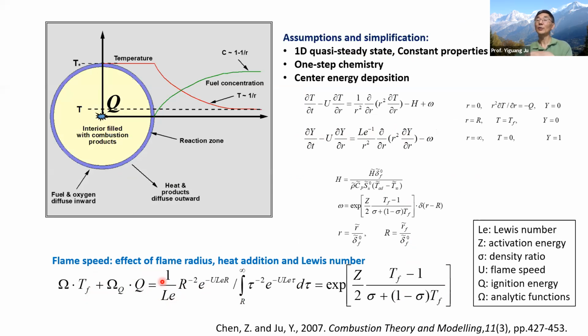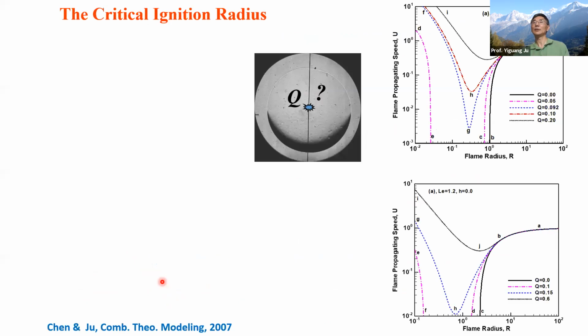So if that is the case, what are the governing parameters for ignition? If you look at the picture, it shows the normalized flame speed as a function of flame radius. If the flame radius is infinity, of course, the normalized flame speed is equal to the adiabatic flame speed, equal to 1.